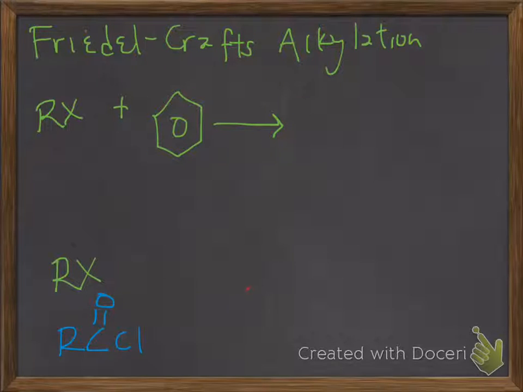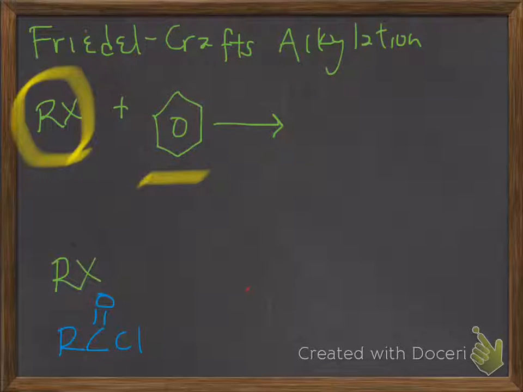Okay, and so we start off with an alkyl halide and benzene ring, and this one does require a special type of catalyst, called the Friedel-Crafts catalyst, and usually this is done at lower temperatures. The Friedel-Crafts catalyst is aluminum trichloride. I guess in theory aluminum tribromide would also work, but aluminum trichloride. Once again, we're usually talking about very low temperatures.